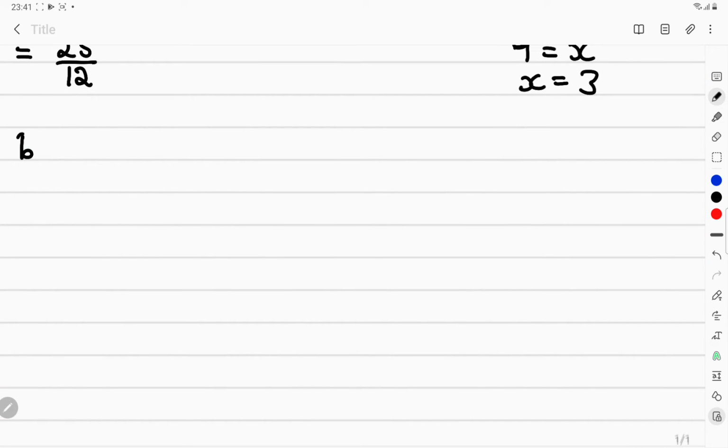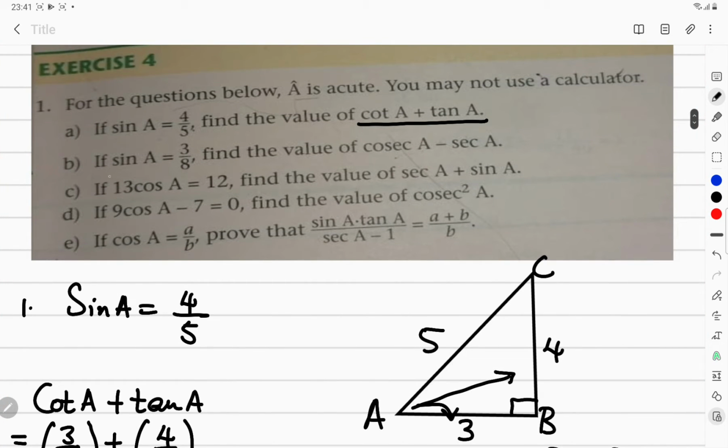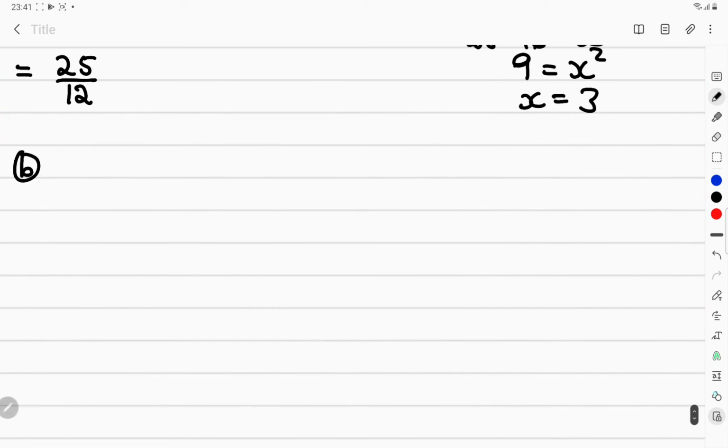So let's move on to B. What are we given at B? We are given that sine A equals 3 over 8. Once again, we need to draw the right-angled triangle.